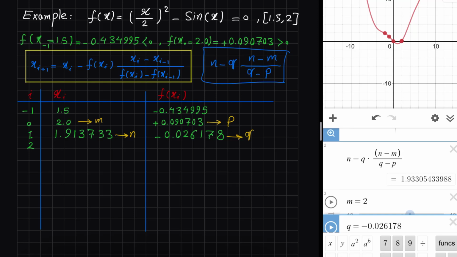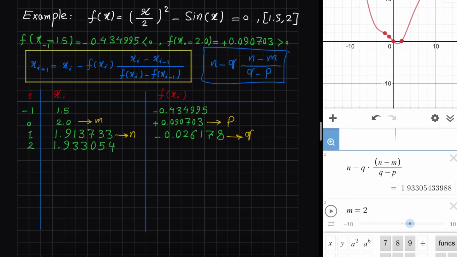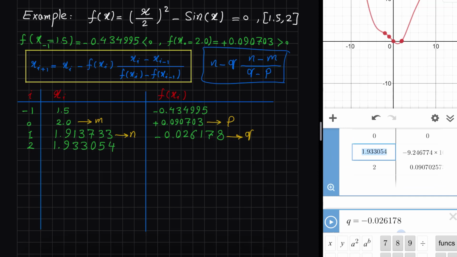For iteration 2, our new x is 1.933054, and our new f(xi) is minus 0.000924.